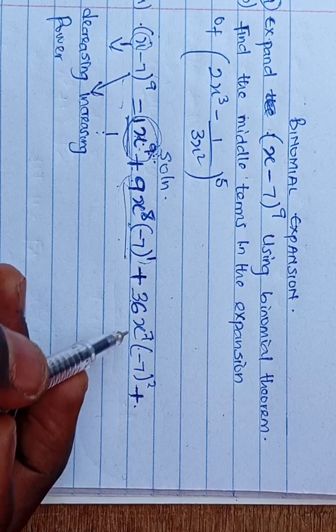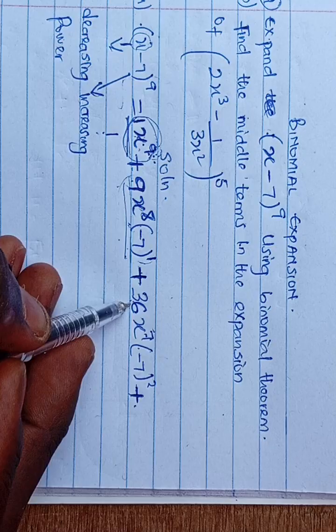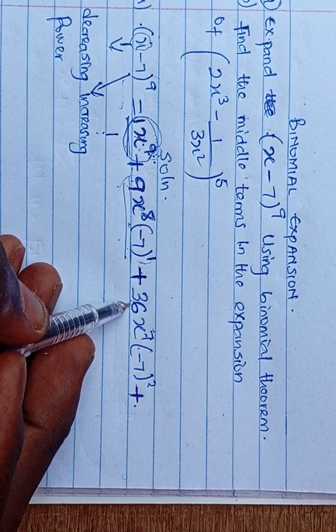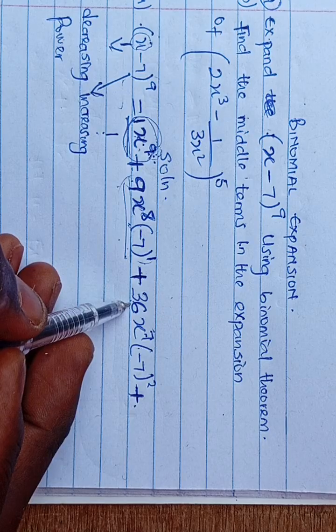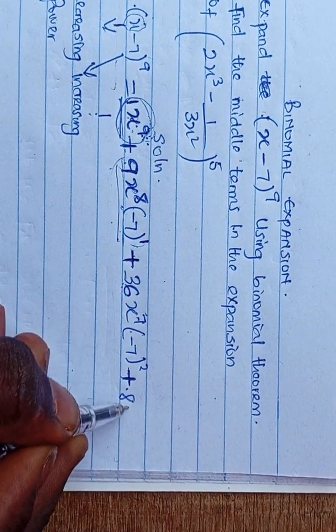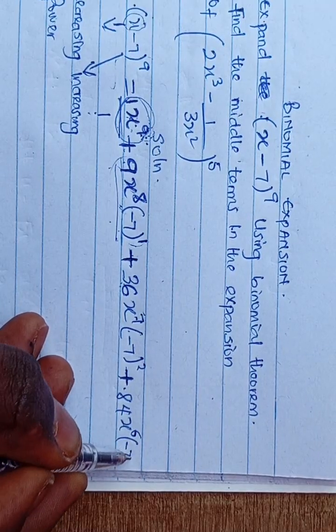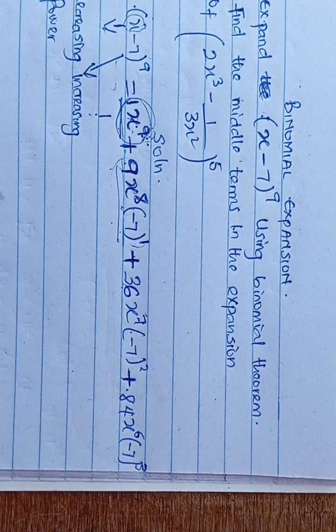It means you have to divide that 252 by 3. Do you get what I'm saying? 252 divided by 3 will give you 84. So you just have to put 84 x raised to power 6 times minus 7 raised to power 3.